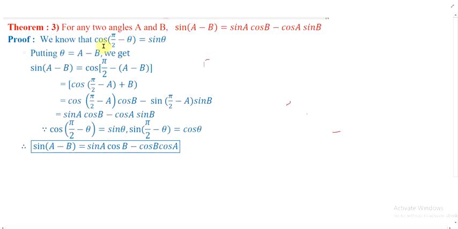Now, we know that cos(π/2−θ) is equal to sin θ, isn't it? Therefore, here putting θ equal to A−B, we get cos(π/2−(A−B)).